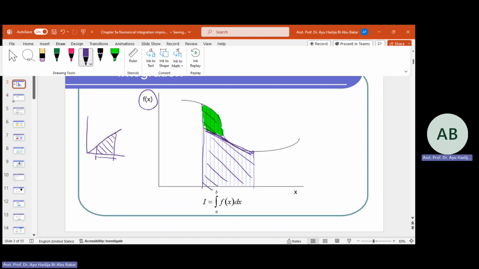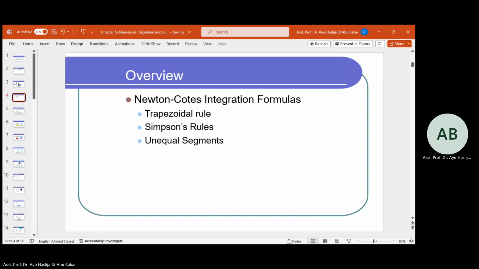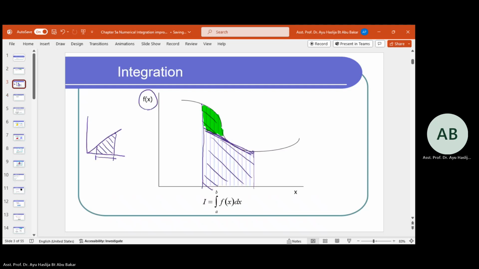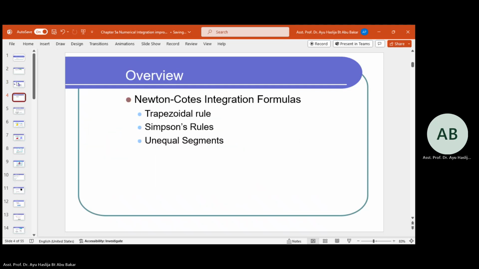Okay, I'll go through slide by slide so that you can understand. Now for integration, Newton Cotes integration formula, we have trapezoidal, Simpson's rule, and unequal segment. Trapezoidal is based on the trapezoid shape. Still remember how a trapezoid looks like?